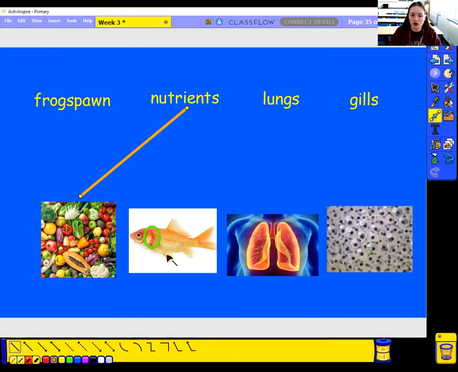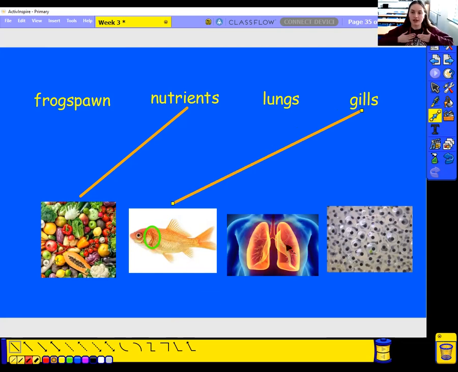What is this a picture of? I've got a fish and I've got a circle around an area of that fish, an organ that that fish has. Is that frog spawn, lungs, or gills? Brilliant. Well done. They are gills. They're what fish and reptiles need to breathe underwater.